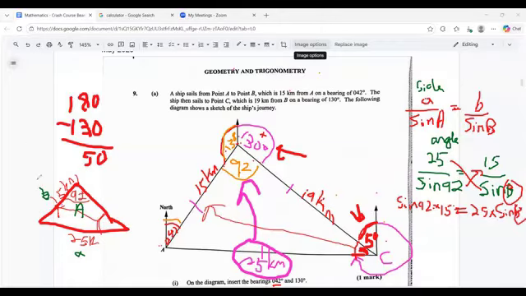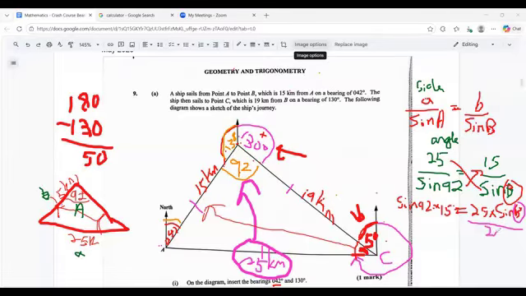We need to get B by itself. So we need to remove two things: the 25 and the sine. Both of them are being multiplied, but we have to be careful here because it's a trigonometry thing we're doing. So we need to move the 25 first.